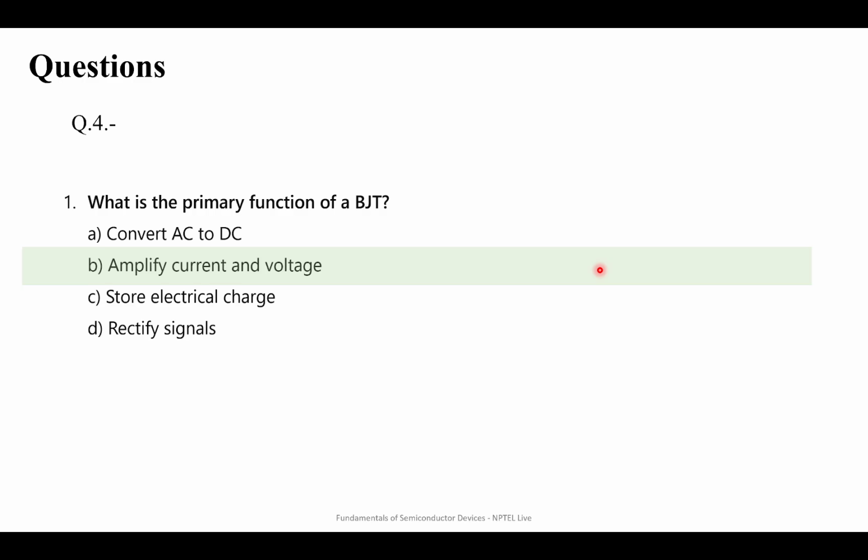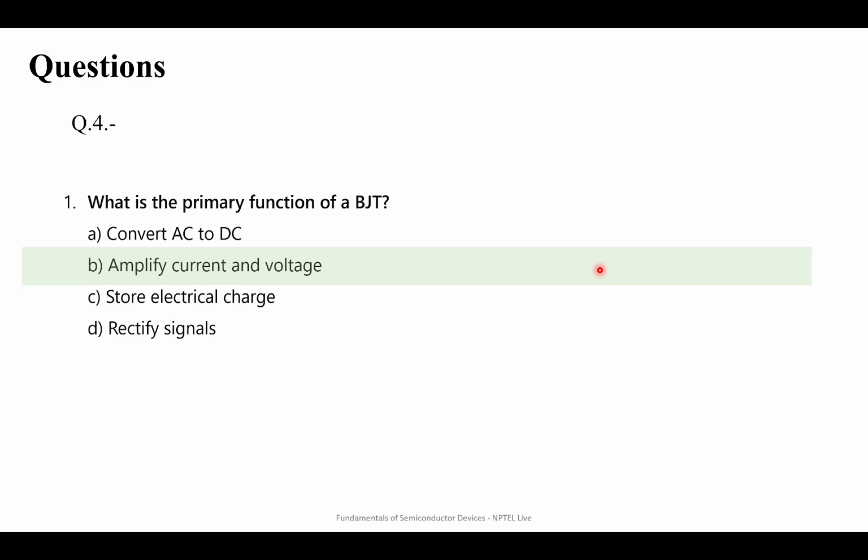So the purpose of a BJT, typically it has mainly two purposes. One is to act as an amplifier, and second is to act as a switch. A switch basically has two states, an on state and an off state. In on state it will conduct, and in off state it won't conduct. And then amplifier, basically you have a current signal at the input, and at the output you will have an amplified signal.